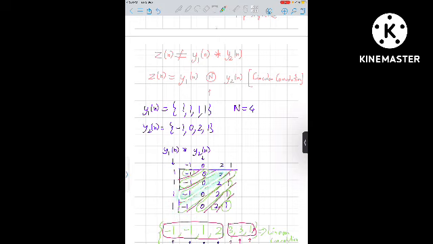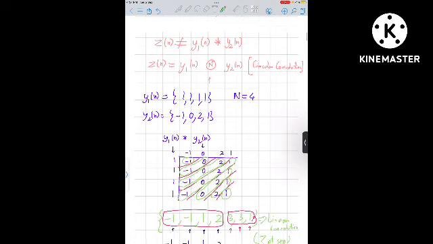Now when I add all these, I get 2 plus 1 is 3, 3 minus 1, 2. And then I add 0, 2, 1, I get a 3. And again 2 and 1, I get 3. And again here there's a 1 alone. This is my linear convolution as expected, and as mentioned earlier, this is a 7-point sequence.